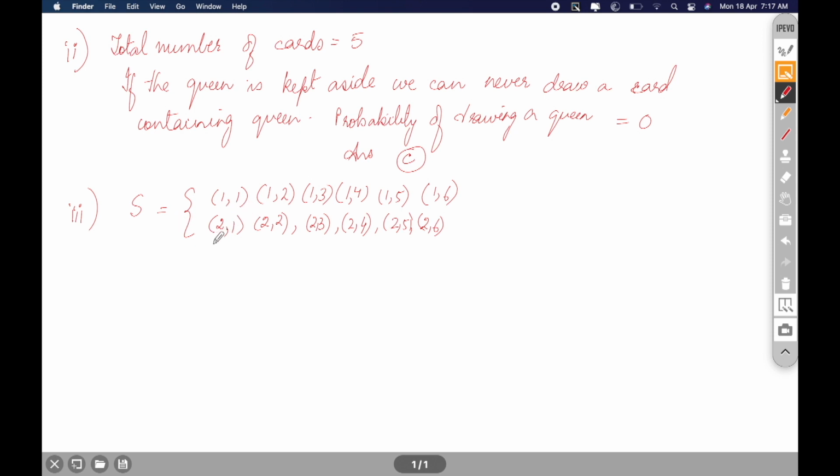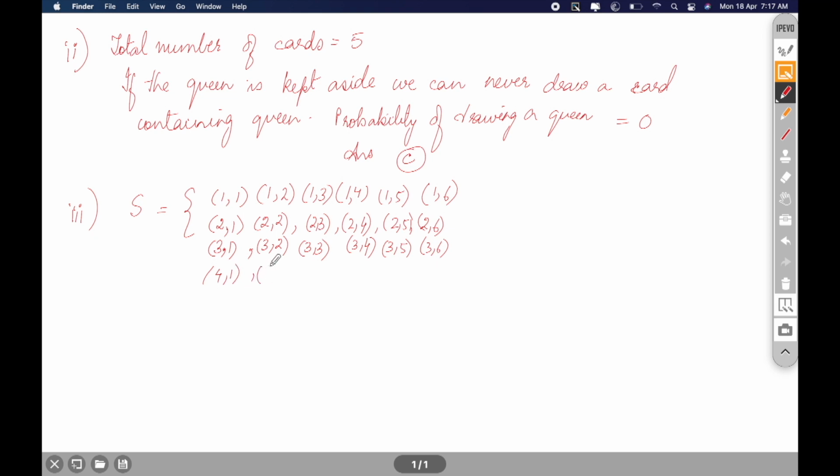Then we have the first die beginning with 3. So 3,1; 3,2; 3,3; 3,4; 3,5; and 3,6. Let the first die begin with 4.